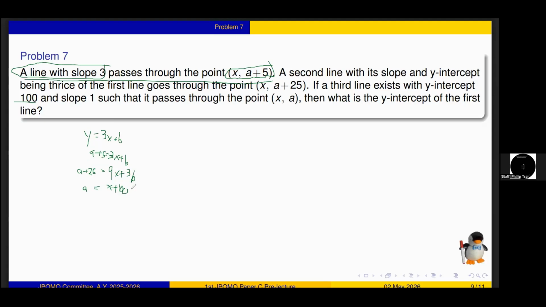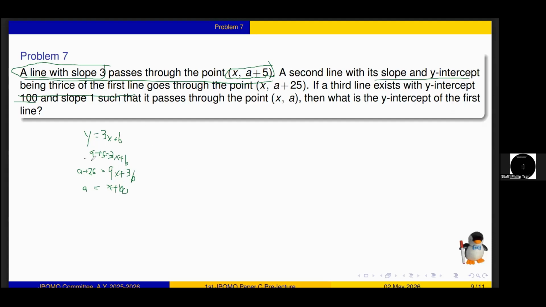So now what do we do with this? We can do a system of equations. And actually, we're already given a hint here. With its slope and y-intercept being double the first line's, meaning that this is just three times of this, which tells us that we can do some elimination here.